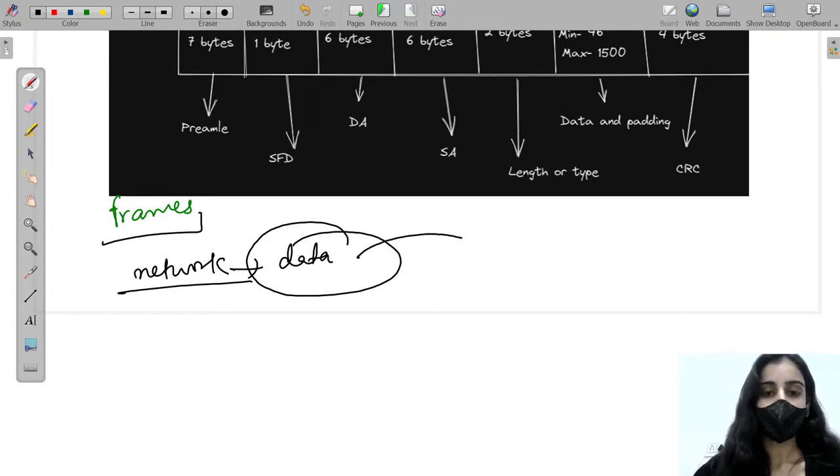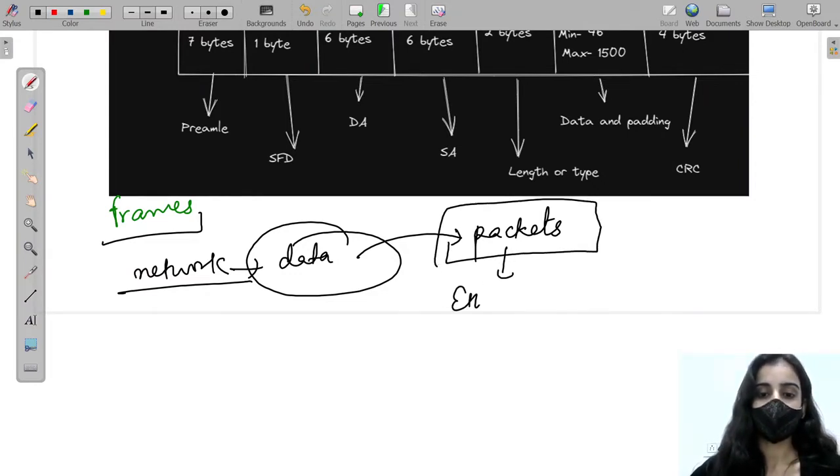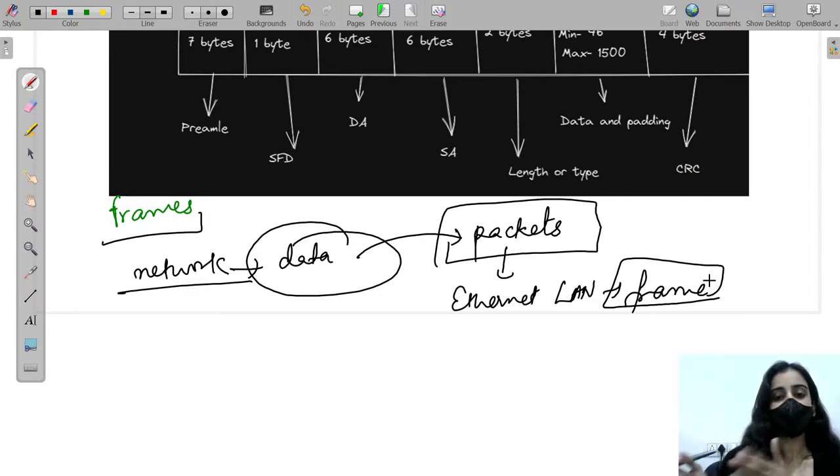Data is sent in the form of packets, and what packets are called in Ethernet LAN is frame. So packets in Ethernet LAN are known as frames.